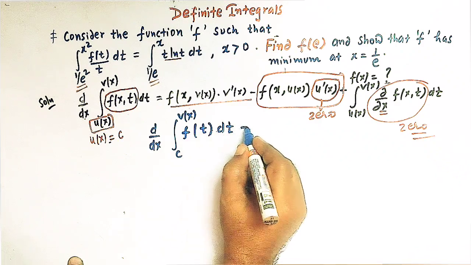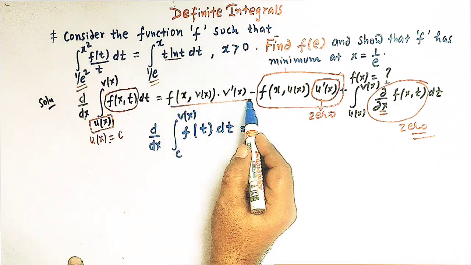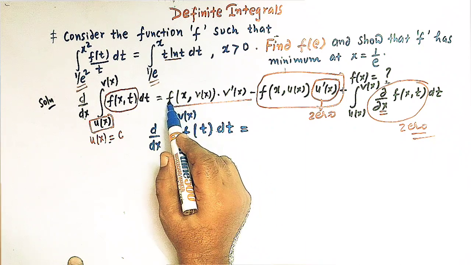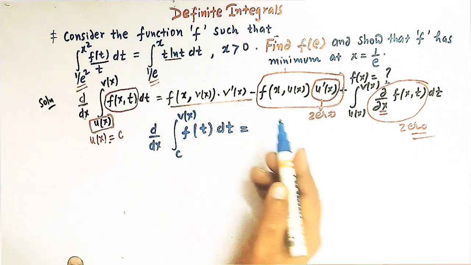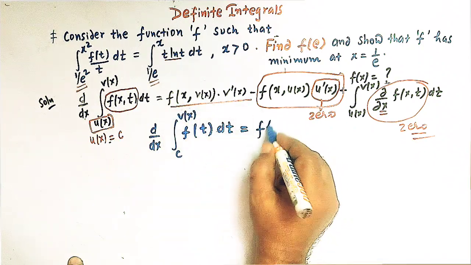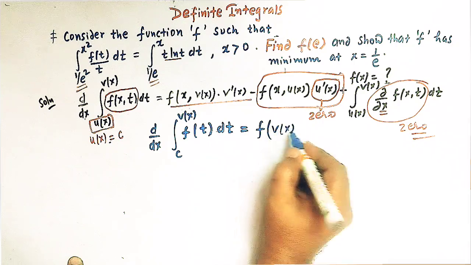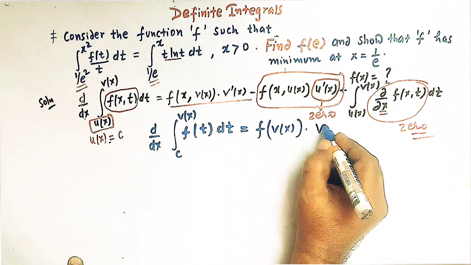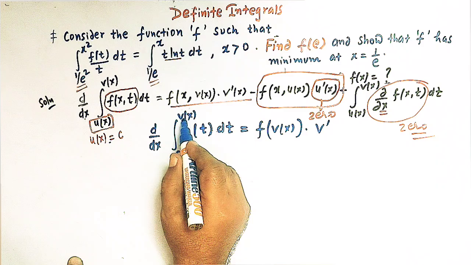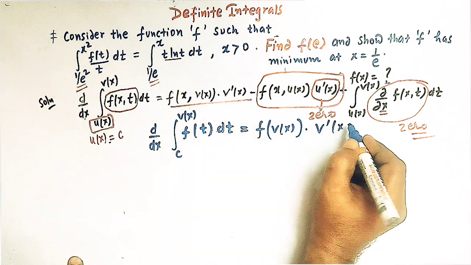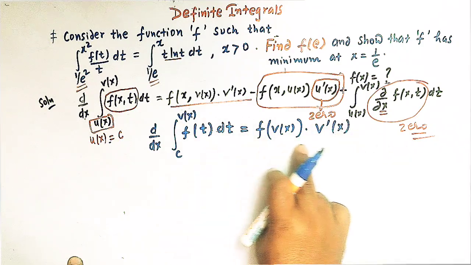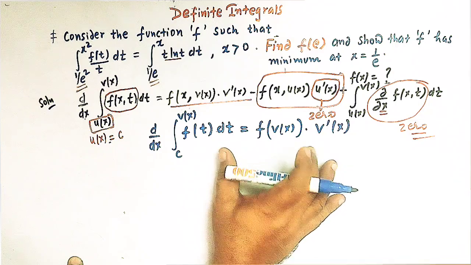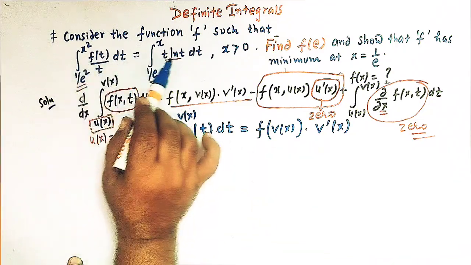And here we have dt. So we are left with only this term. So we can now write f of x comma v of x as simply f of v of x, and then multiplied with the derivative of v of x, that is v prime of x. So now we are going to use this result in our given problem.